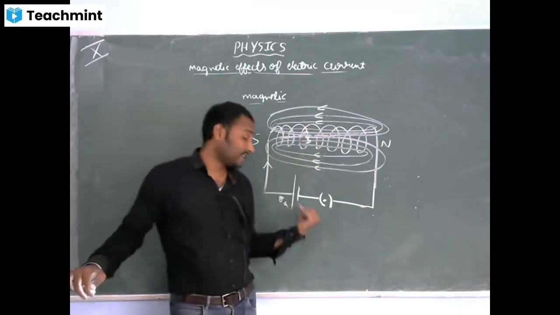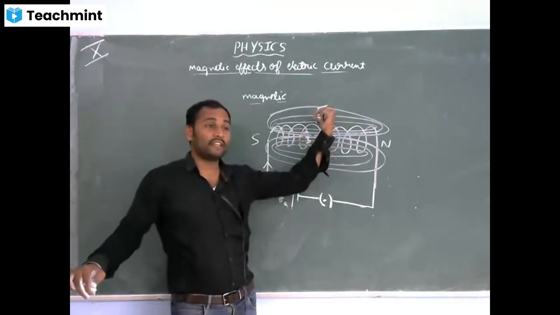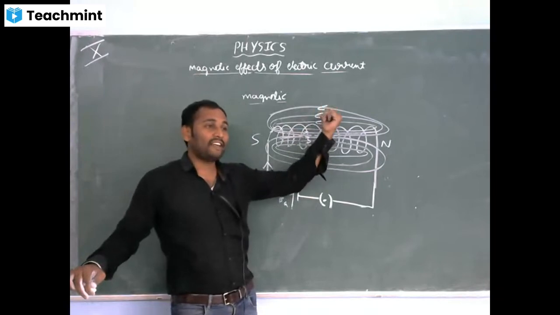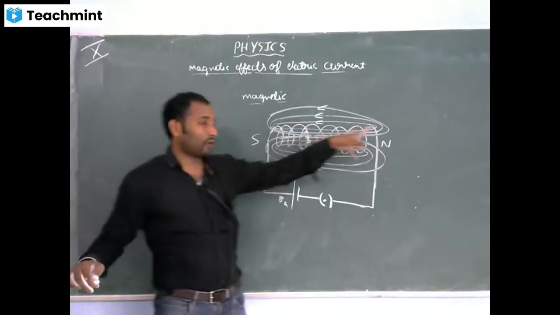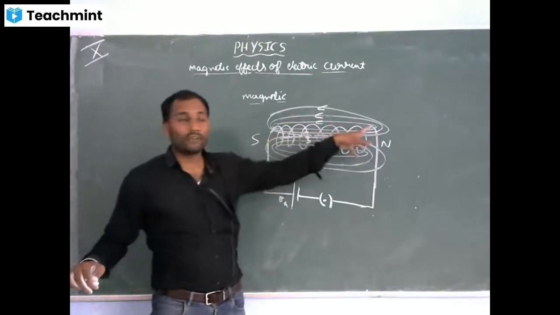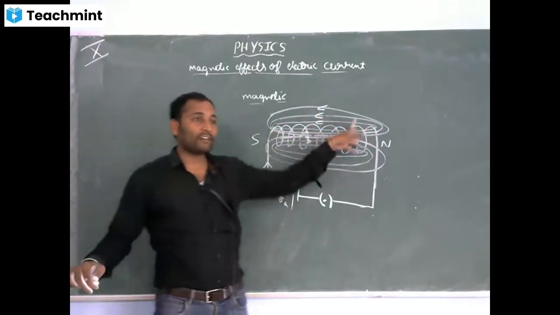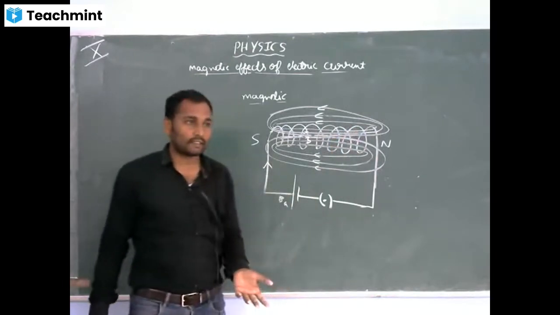So as I increase the electric current, the magnetic field strength increases. As the magnetic field strength increases, what happens? Inside the solenoid, there is a uniform magnetic field, and that uniform magnetic field will also increase.